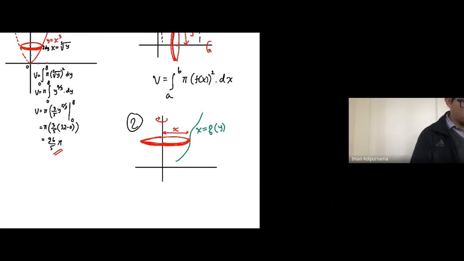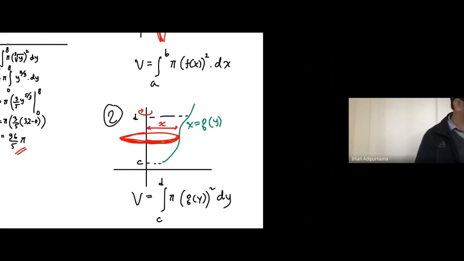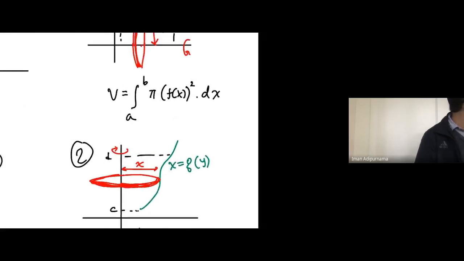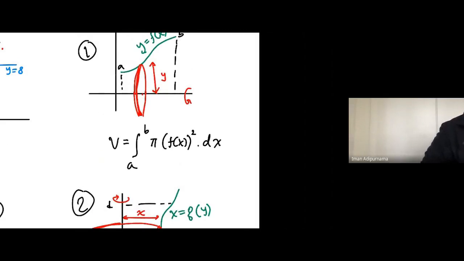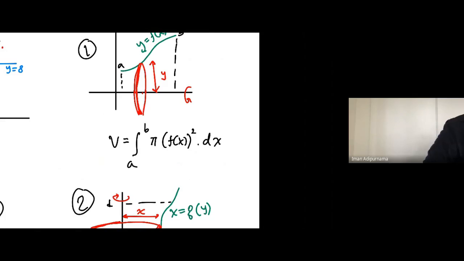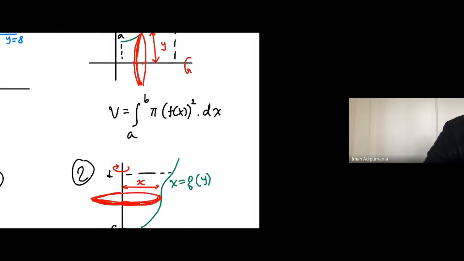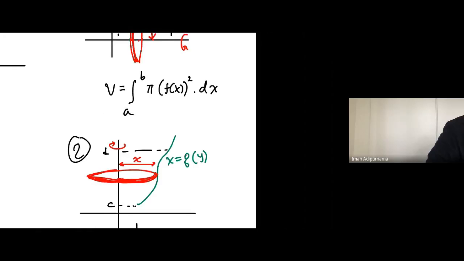If this is c and d, then the volume is from c to d of pi times g of y squared dy. So the first case is dx, where you're rotating about the x, and the second one you're rotating about y.